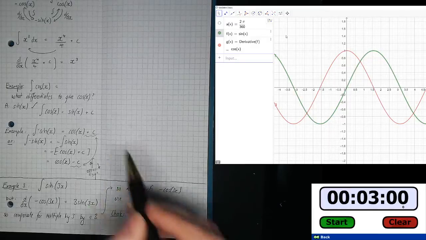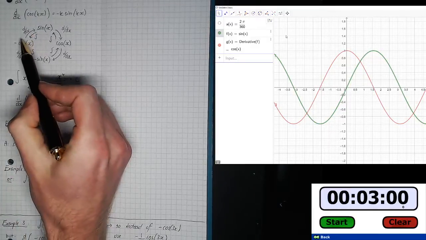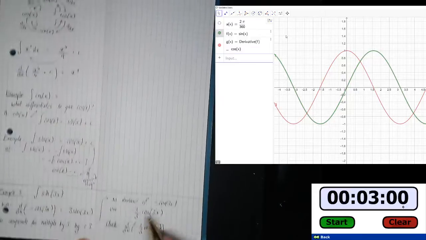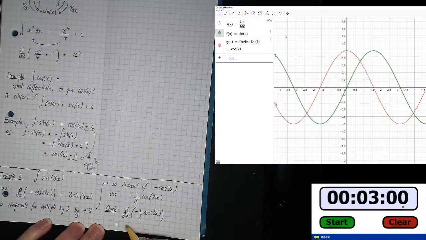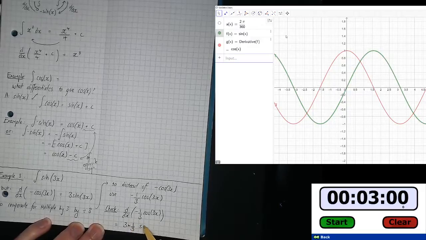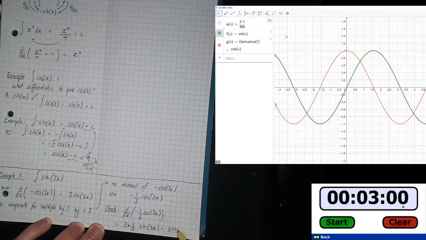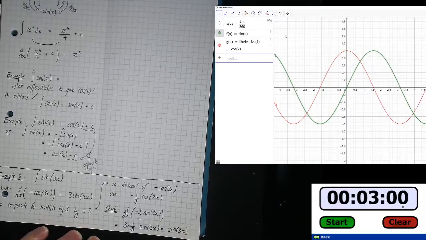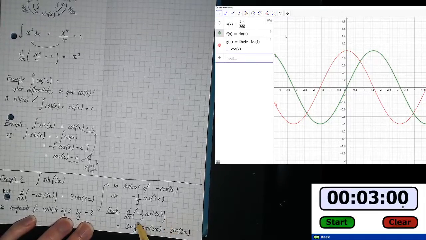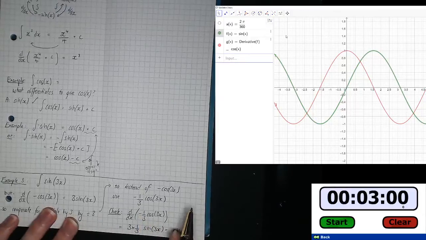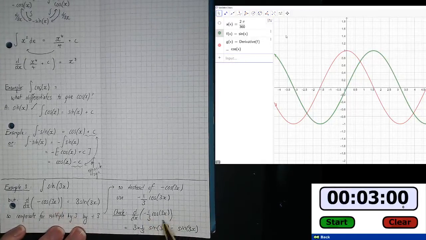Negative cos differentiates to become sine, so we get sine 3x. So this is our answer.